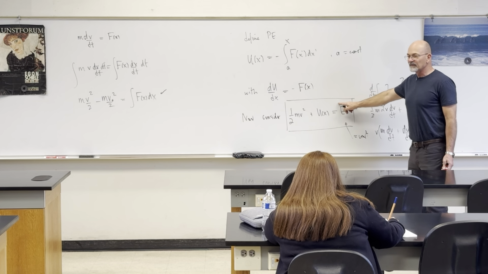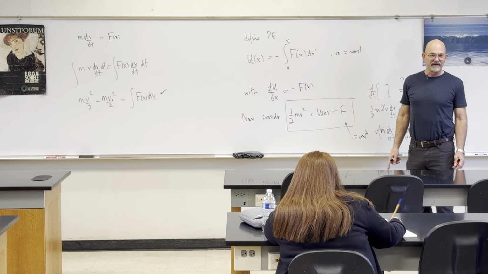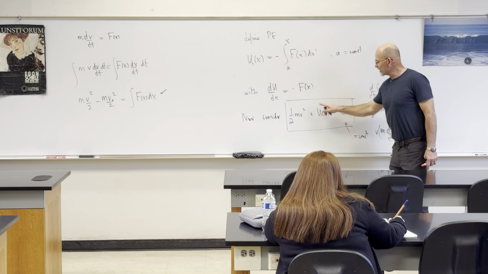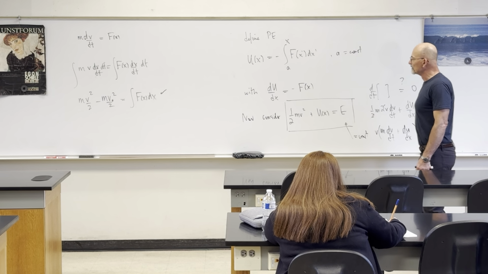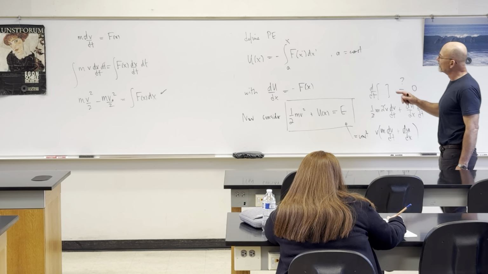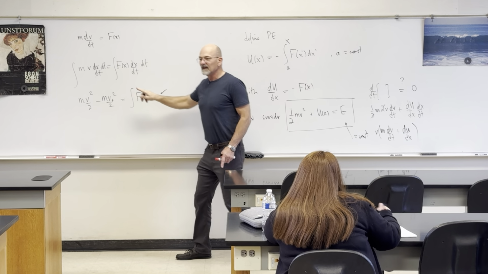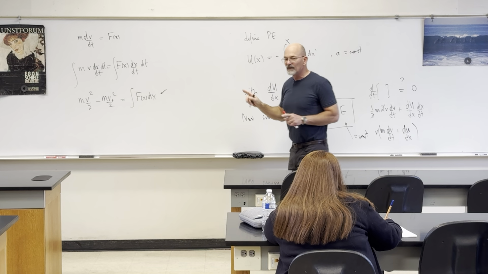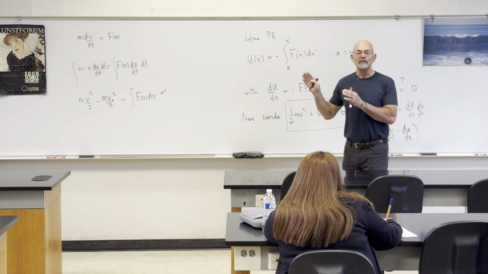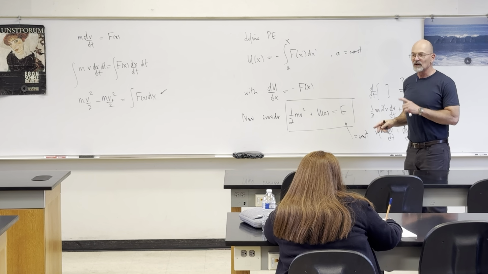And this is the form that you're never going to forget, right? You remembered it this whole time. Kinetic plus potential is constant. Okay. So that is a feature of a force that is purely a function of position. And this is in one dimension. When we do it in 3 dimensions, we're going to have to say a little bit more about the force, but it'll also be true.